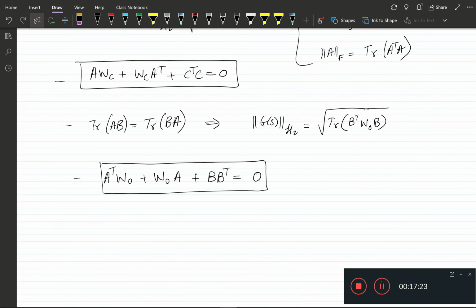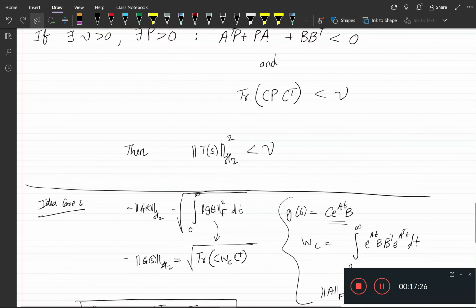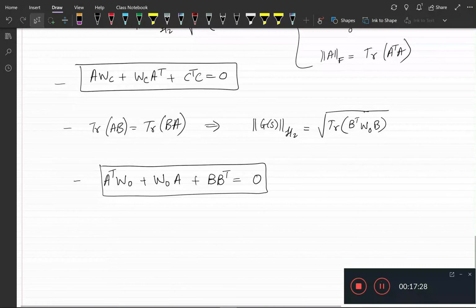Now the idea to go to the H2 norm LMI is as follows.